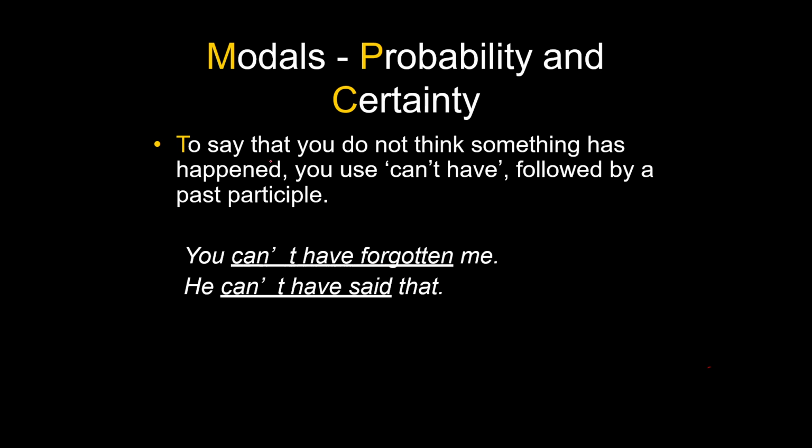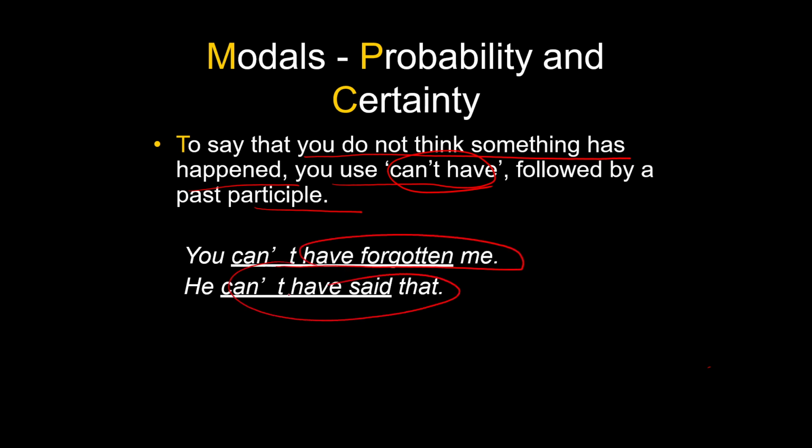Similarly, when we have to say that we do not think something has happened, we use can't have followed by the past participle. Like, "You can't have forgotten me." "He can't have said that." "She can't have said so."